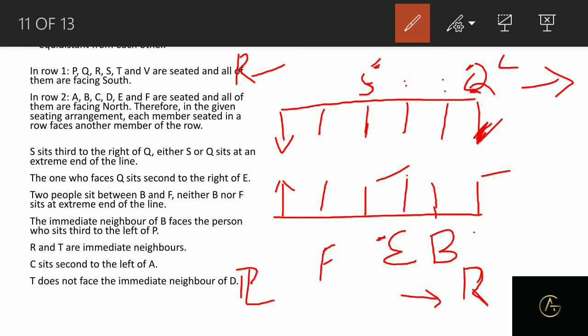So S is here already. We can't put P here. So we must write this opposite. 1, 2 and 3. P will sit here. Got it? Let me erase the extra one.